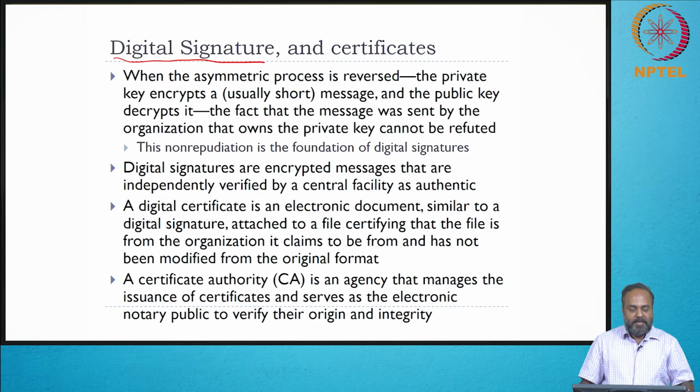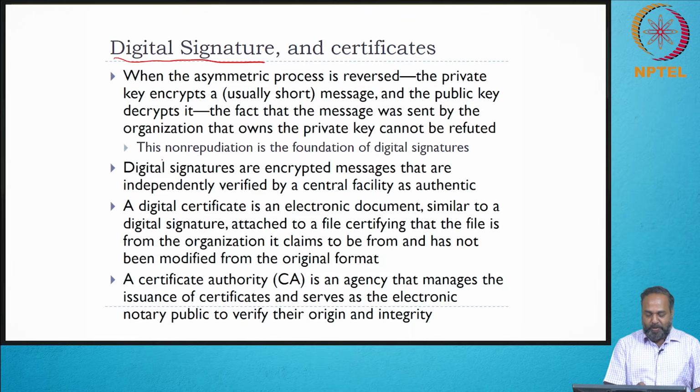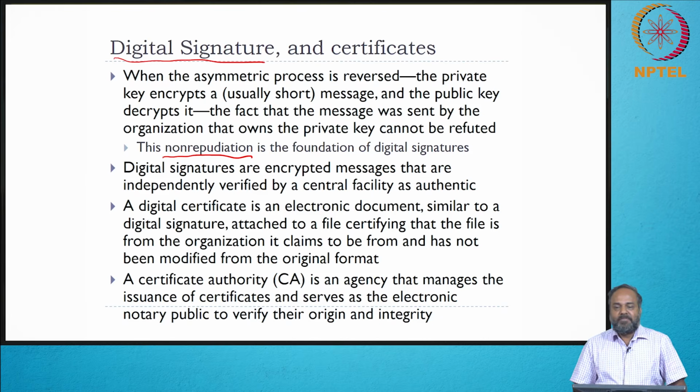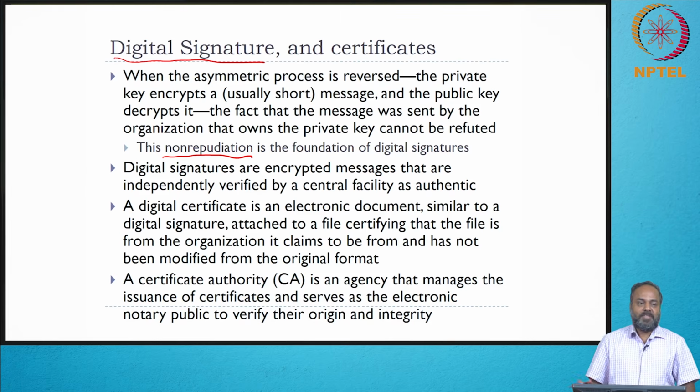That is the method used in digital signature and digital certificate. The purpose here is basically to ensure non-repudiation. This is an important concept, especially in blockchains as well. Somebody should not refuse that I sent the message.